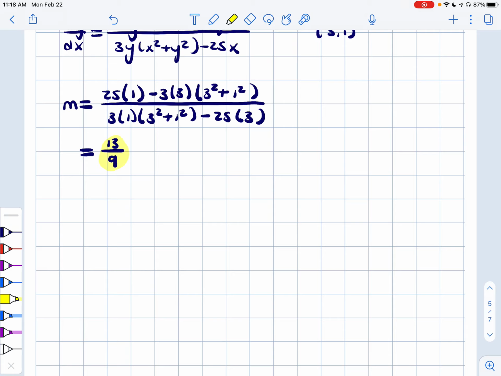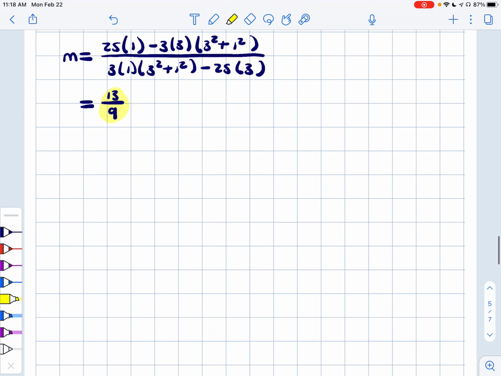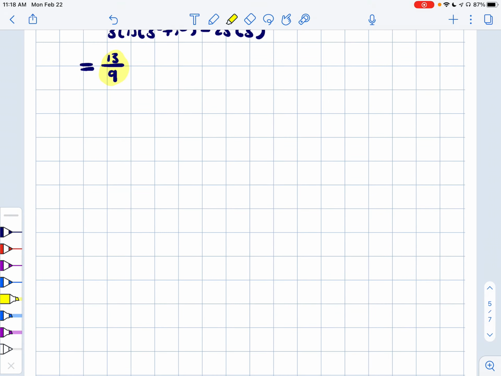Now, this wasn't actually asked of us in this example, but if they had asked us to find the equation of the tangent line, then just remember that you'd be thinking about your y equals mx plus b, plugging in your slope, and then using the point 3, 1 to solve for b.